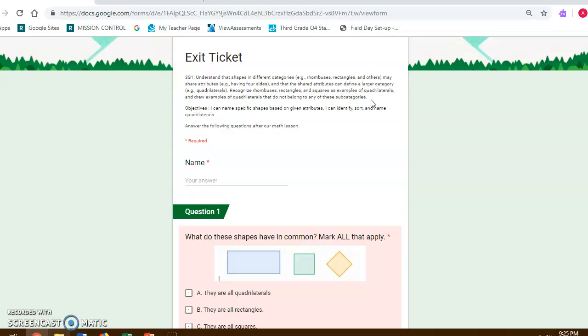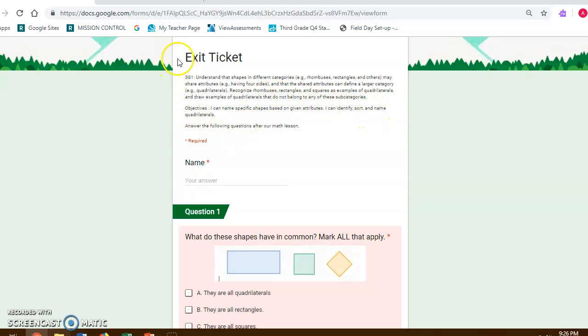But I also believe that exit tickets should only assess specific skills that you taught during that math lesson of the day. It shouldn't be you trying to force your students to show you their whole cumulative knowledge around this standard.